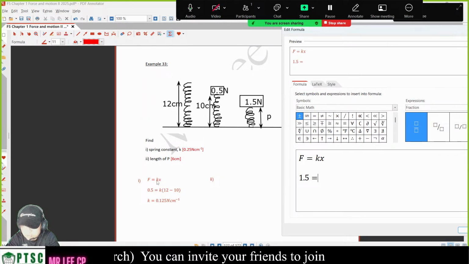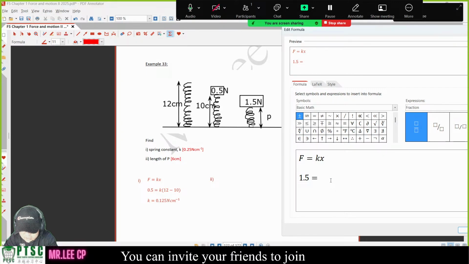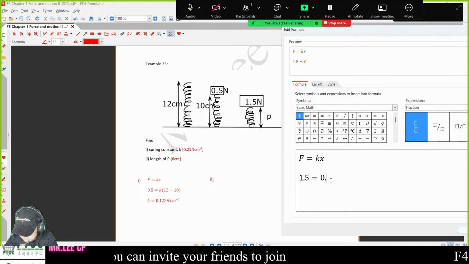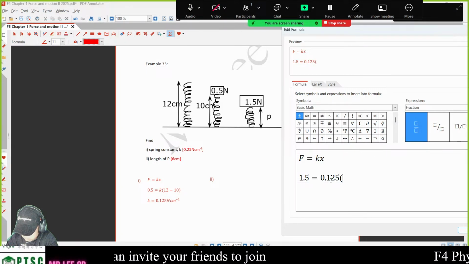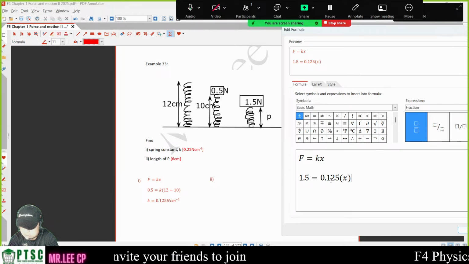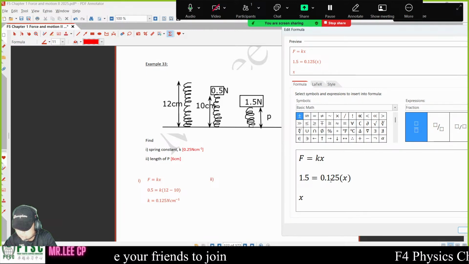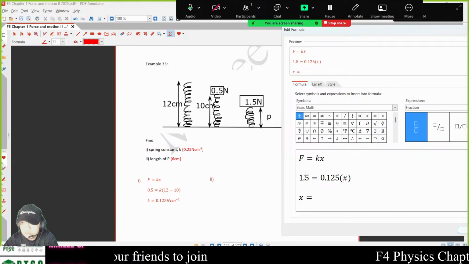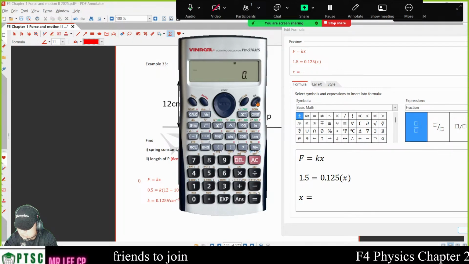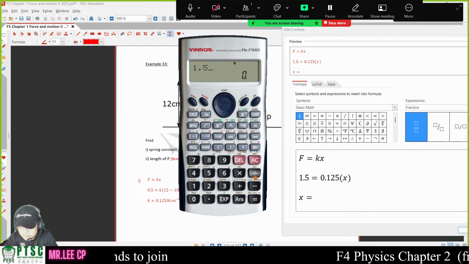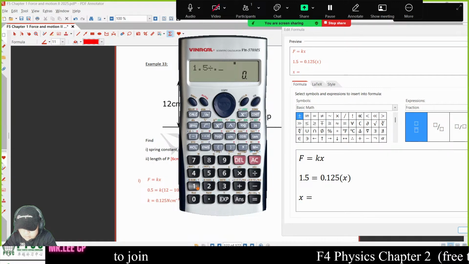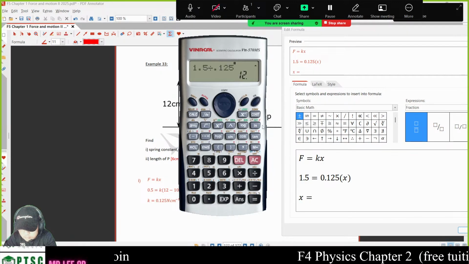K is 0.125. Extension, I don't know, so I need to find the extension. So extension will be 1.5 divided by 0.125. You get 12 cm.